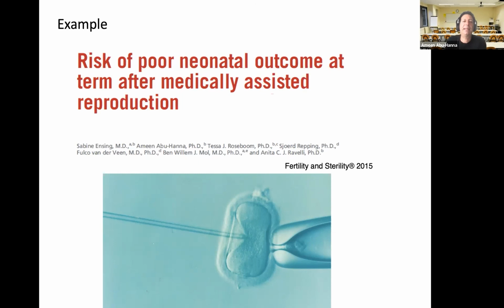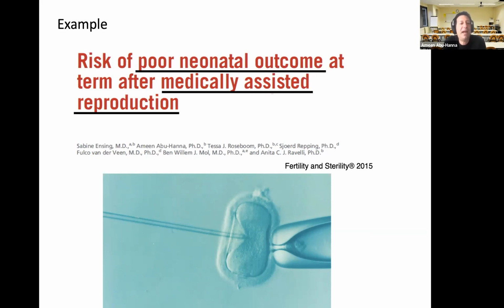We looked at the question of whether medically assisted reproduction is bad for the baby. As you probably know, couples who want a child, if it doesn't work in the first year, are inclined to ask for help from technology. Think about IVF. This is medically assisted reproduction.